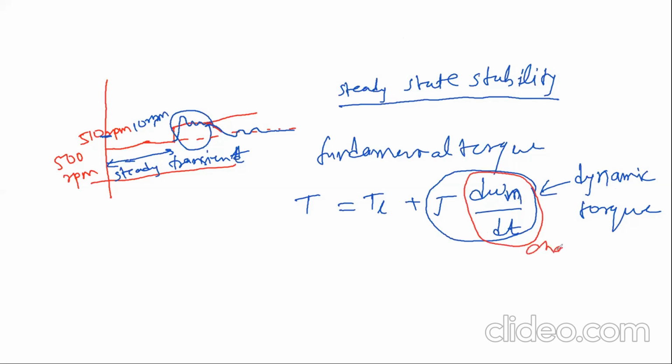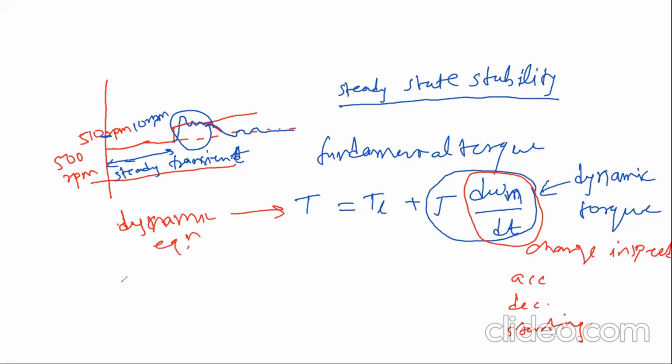A change in speed will happen only when there is an acceleration, a deceleration, or starting. Only during these transient durations is the dynamic torque present. This equation is valid when there is a change in speed, or dynamic conditions; we can consider this a dynamic equation.